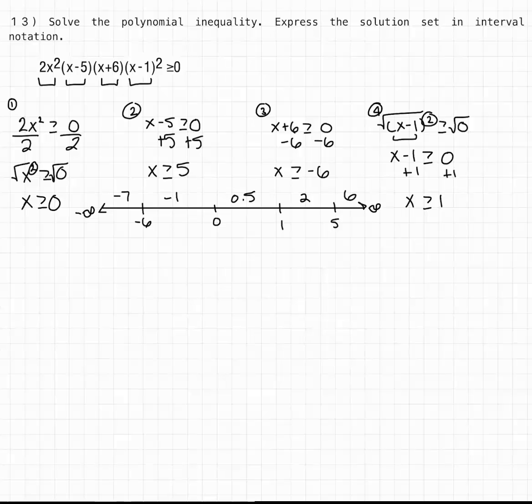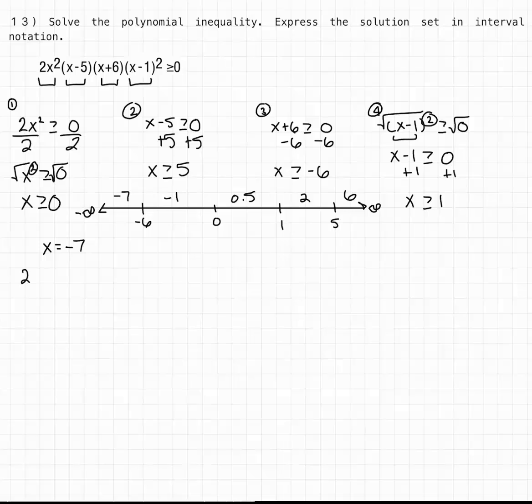So now that we have our numbers we need to work with, we're going to test if these numbers give us a true statement in between their given sets. Let's start with x is equal to negative 7. All we would do is plug in negative 7 for every x in our original polynomial inequality.